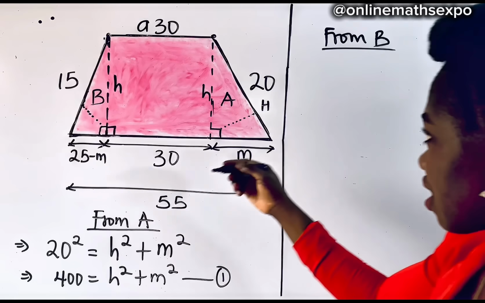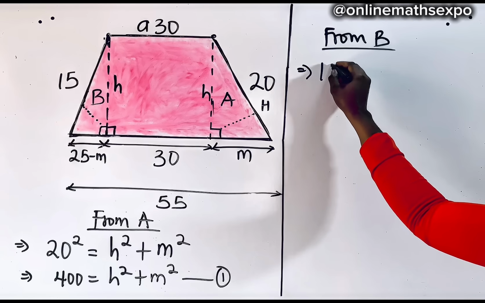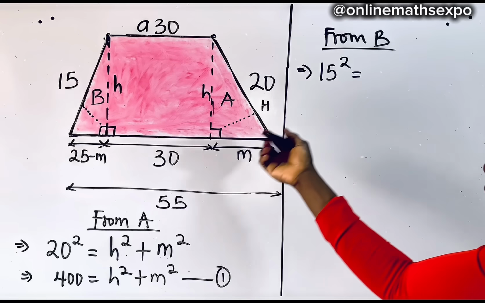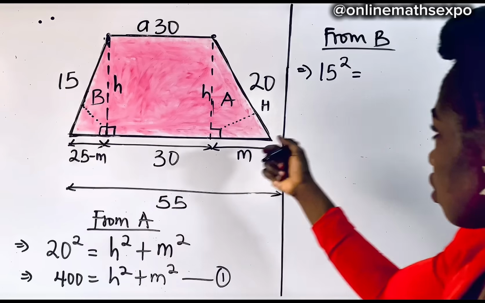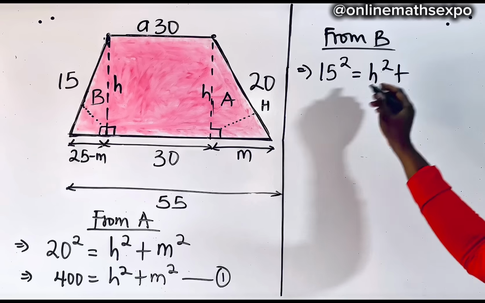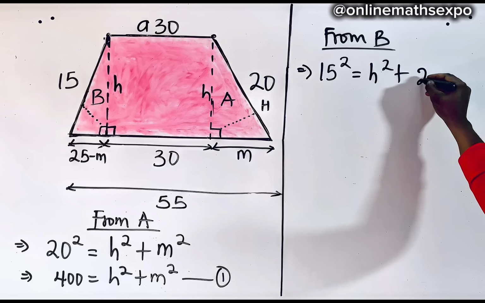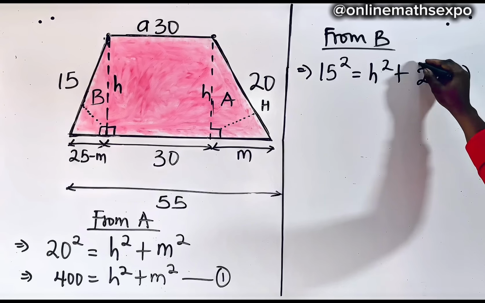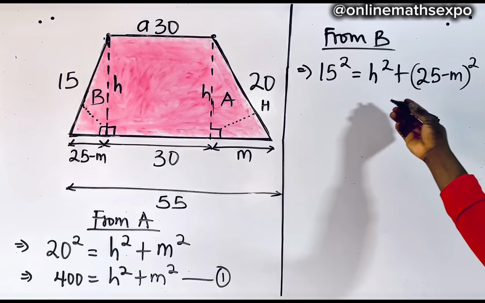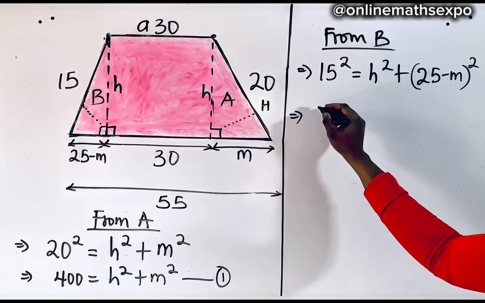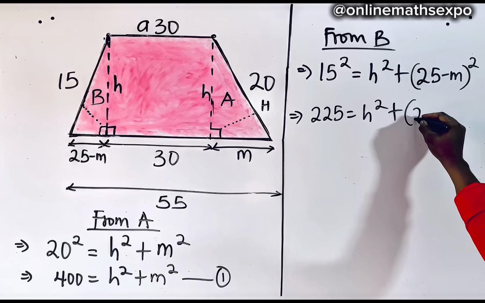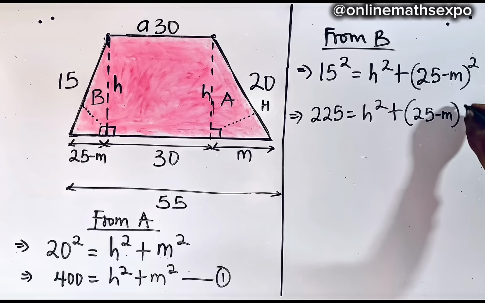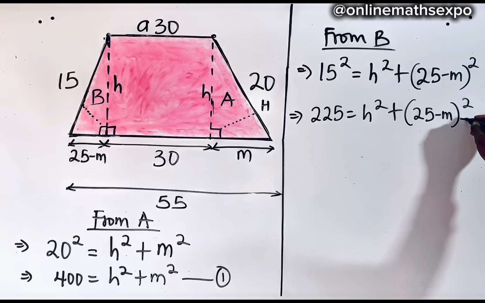So squaring the longest side gives us 15 squared, equal to the sum of the squares of the two legs: h squared plus (25 minus m) squared. This gives us 225 equals h squared plus (25 minus m) squared. Let's leave this as equation 2.